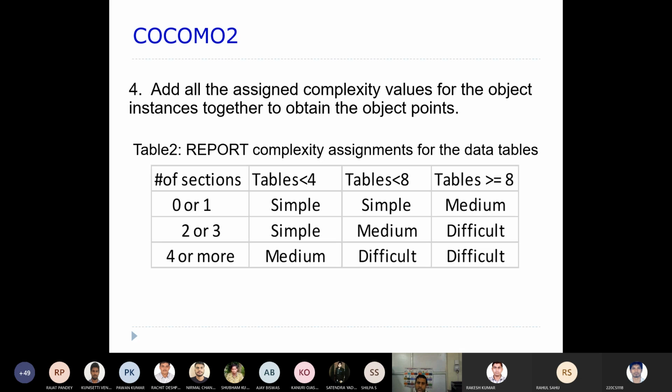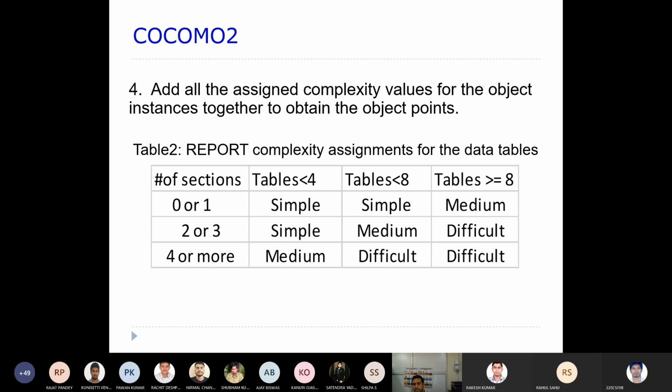Usually a report contains a certain number of sections and subsections. Whenever you are printing any document or displaying any report, it will contain a number of sections, and maybe a certain number of tables also. So based upon the number of sections and tables, this can be categorized.